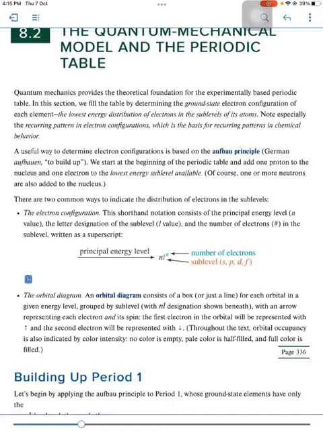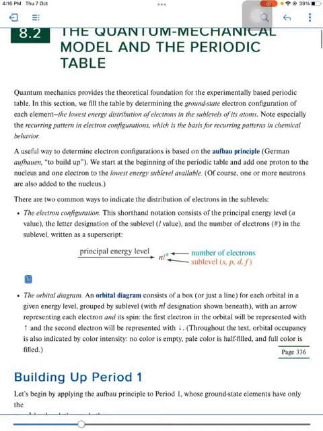Dia kata, we start at the beginning of the periodic table and add proton to the nucleus, and ayat yang kita kena ambil bermula dengan 1 electron to the lowest energy sublevel. Ingat tak semalam Medi cakap buku memang guna perkataan sublevel, tapi kita tahu this sublevel is referring to orbital ataupun subshell, benda yang sama. So you can change the statement to electron to the lowest energy orbital available. Kita akan mulakan dengan orbital yang paling rendah tenaga dia, yang paling dekat dengan nukleus.